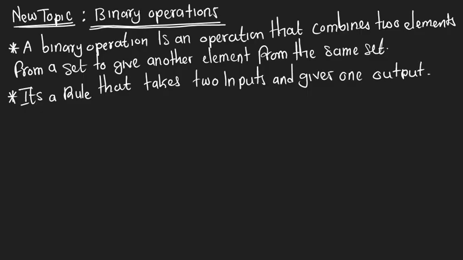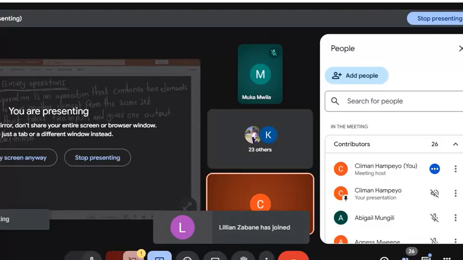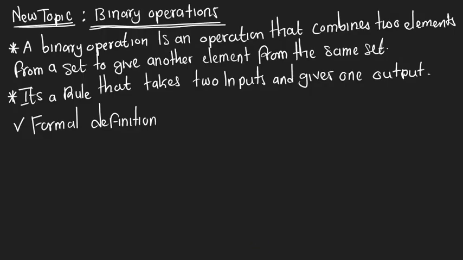You get two inputs and produce one output. Let's look at the formal definition. What is the formal definition of a binary operation?